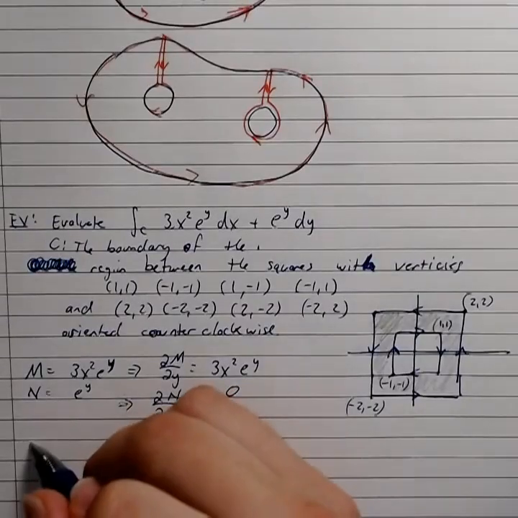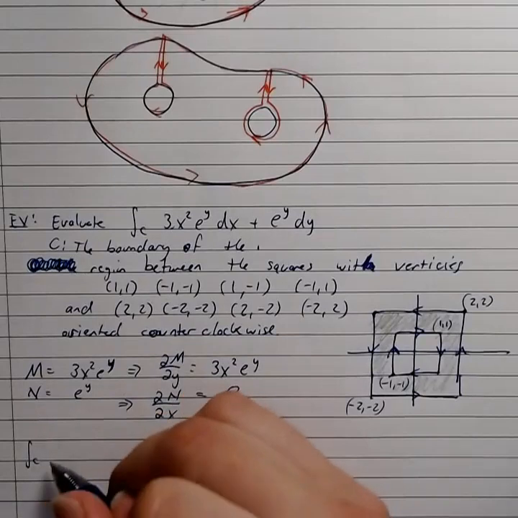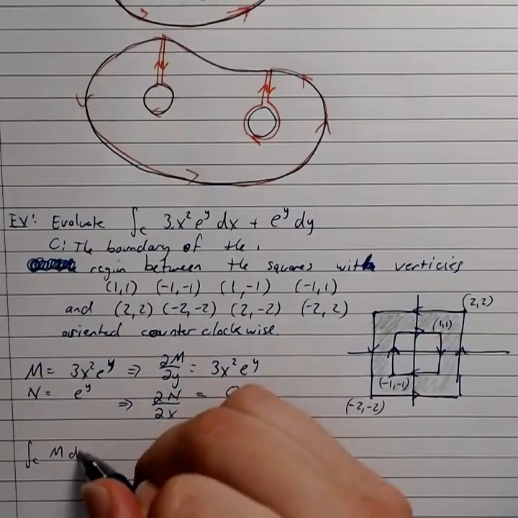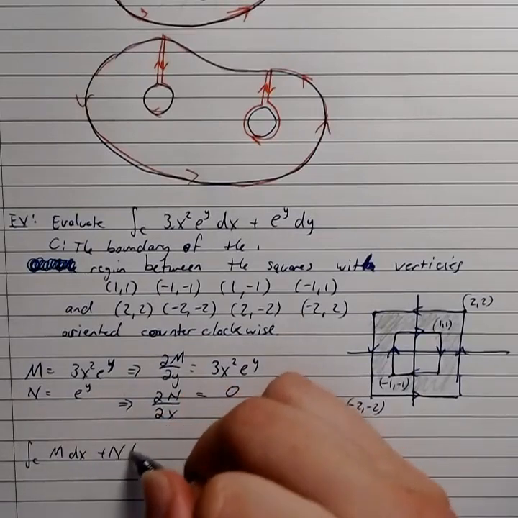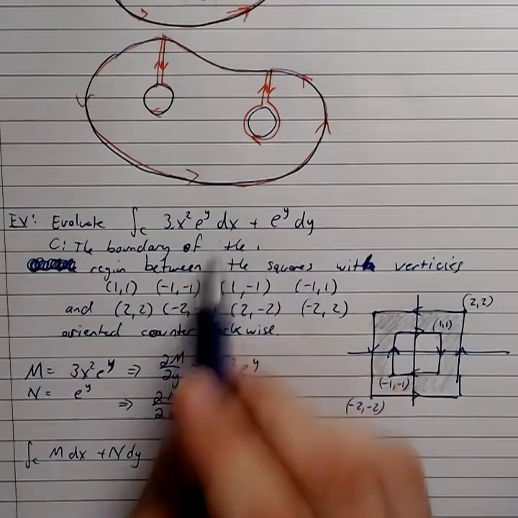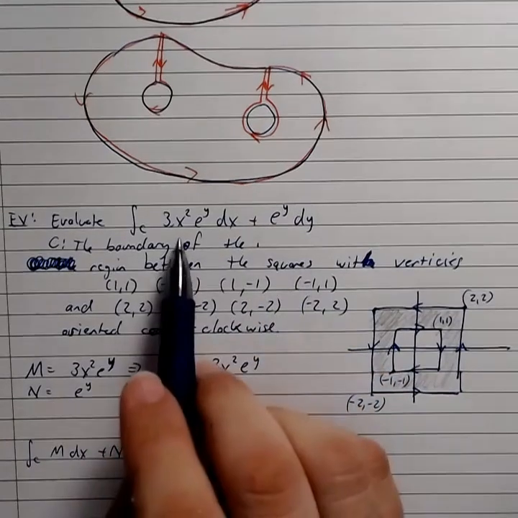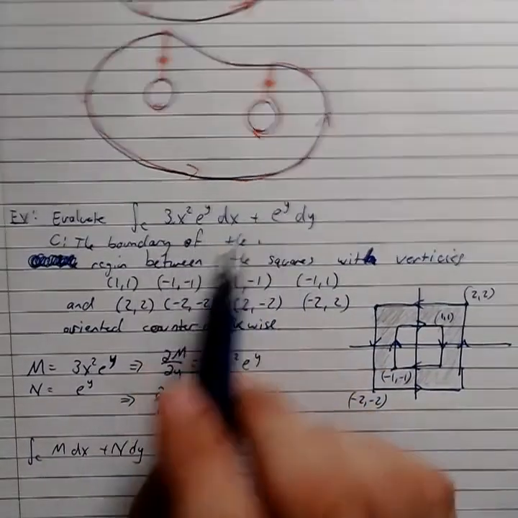So here we can write the line integral over C of M dx plus N dy. Notice that is a line integral of a vector field written in differential form.